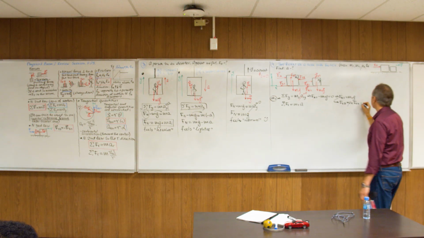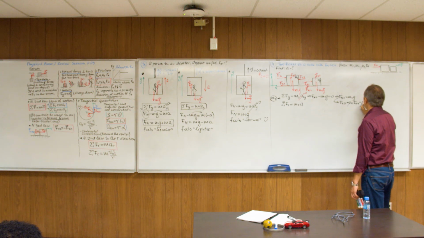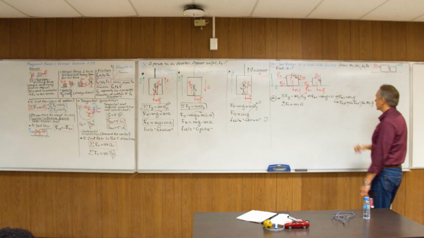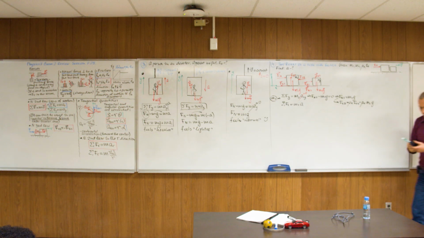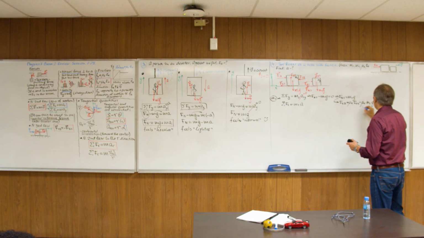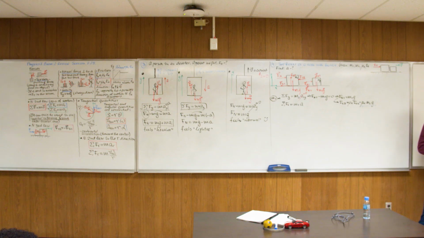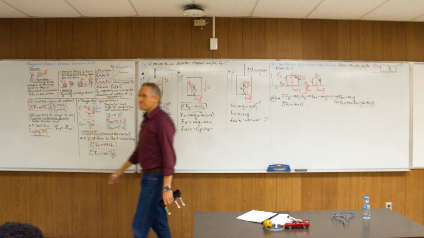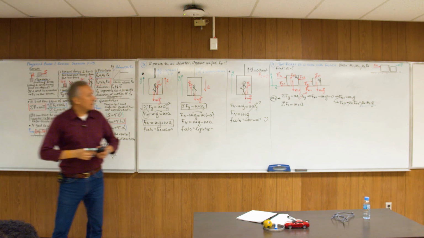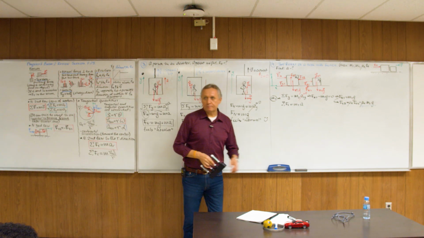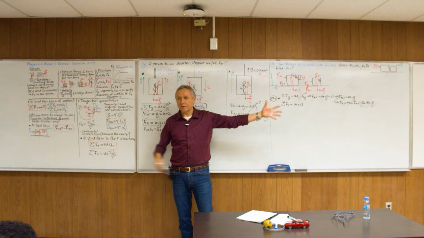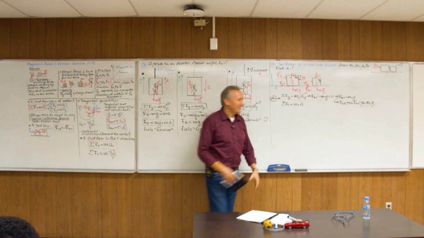So now we can write coefficient of kinetic friction times m2 times g. Let me underline it. It's just a side product of the application of Newton's second law in the y direction. Otherwise, you found the normal force, and what's that?